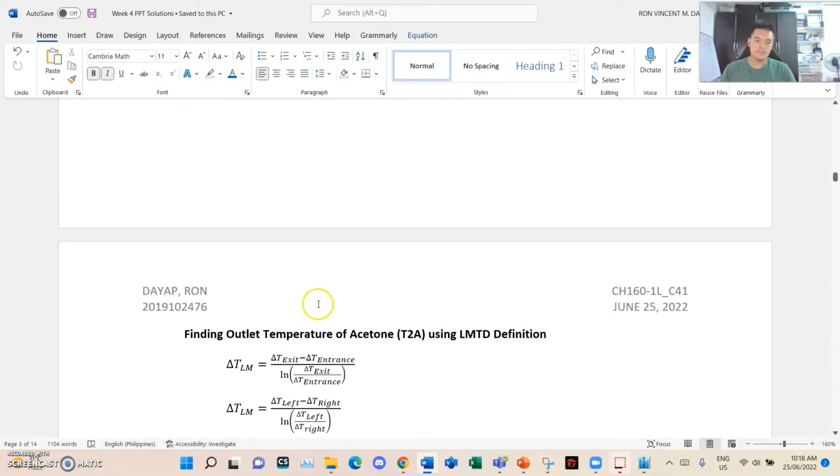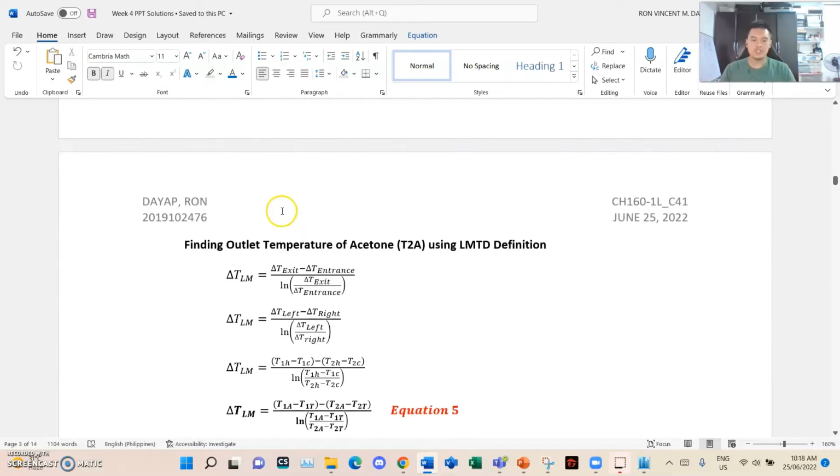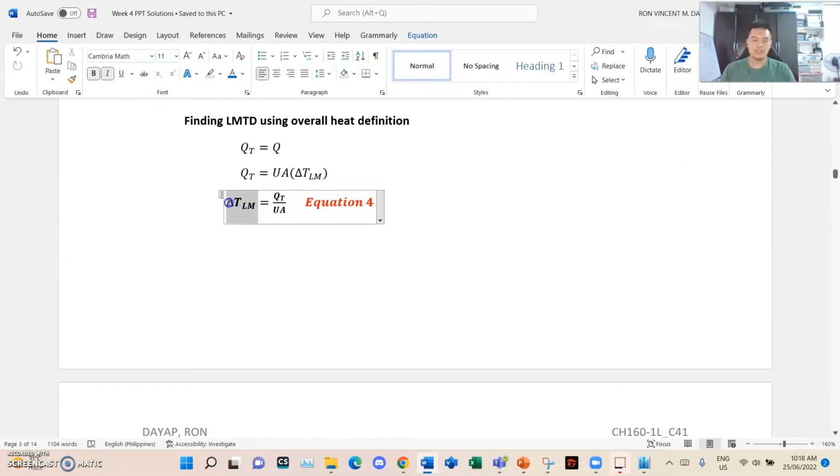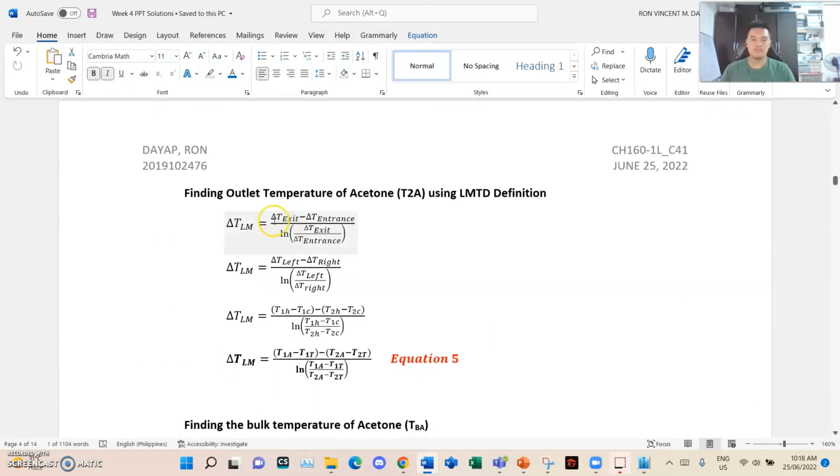And lastly, finding the outlet temperature, since we already know that the LMTD method gives us a value after substituting this equation, we'll be able to find the outlet temperature by knowing the definition of the LMTD, which is the change of temperature in the exit minus the entrance over the ln of the exit over the entrance.